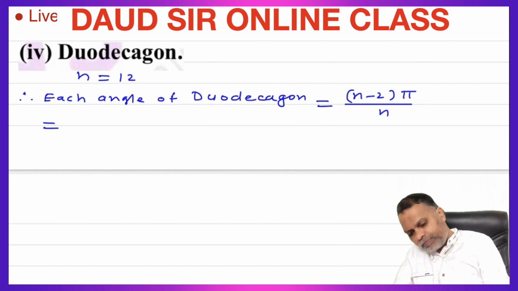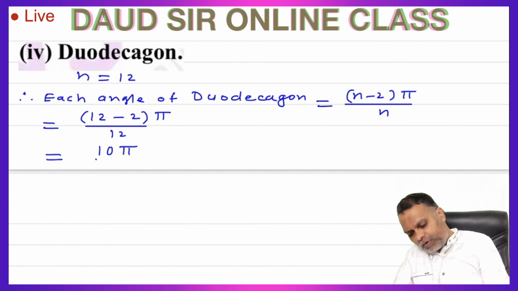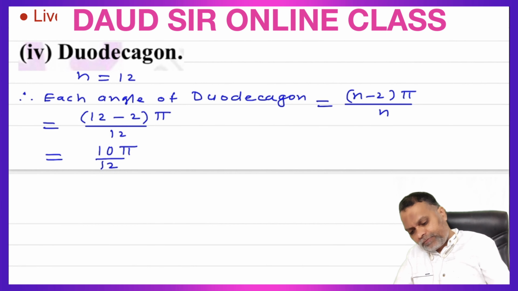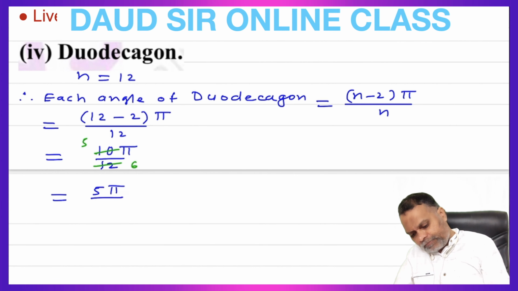Substitute the values. n is equal to 12, so (12 minus 2) pi upon 12. 12 minus 2 is 10, so 10 pi upon 12. Cancel this: 2 6s are 12, 2 5s are 10, which is equal to 5 pi by 6 radians.